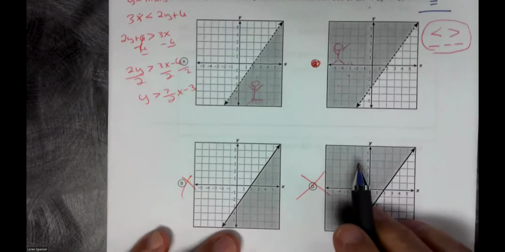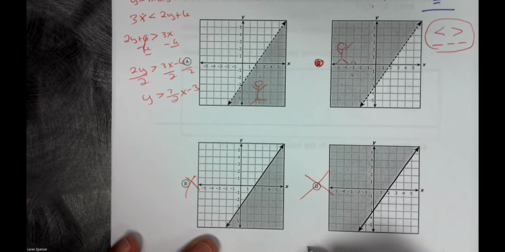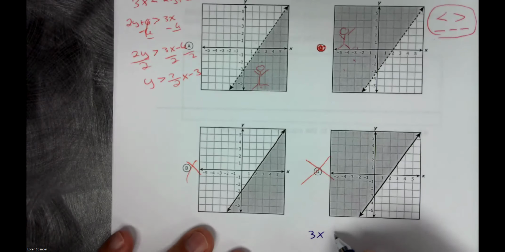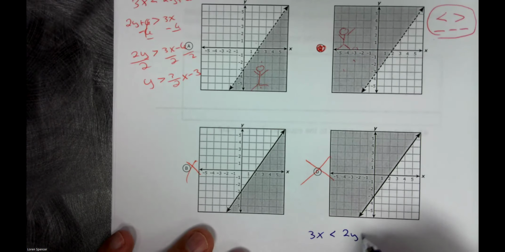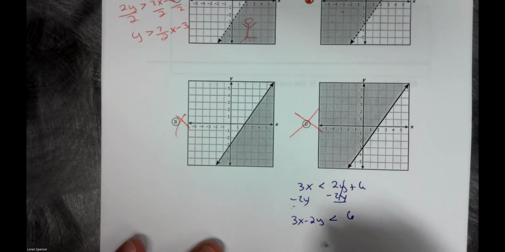Now, I could have solved that slightly differently, and so I'm going to show that as well. Initially, we have 3x is less than 2y plus 6. I could subtract 2y from this side, and this goes away. And now I have 3x minus 2y is less than 6.